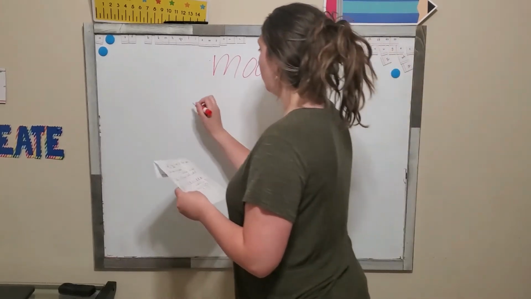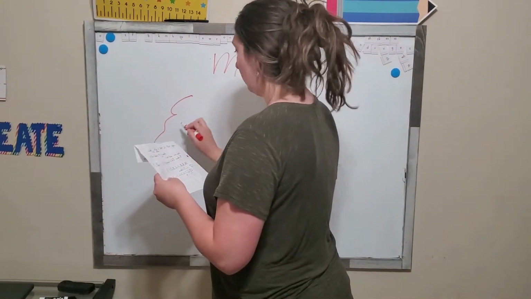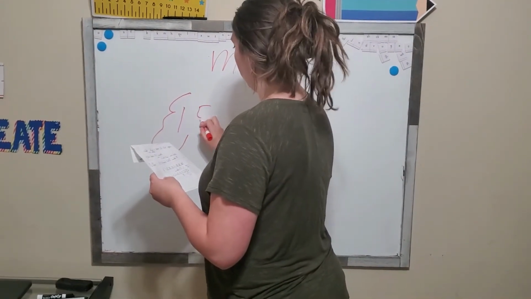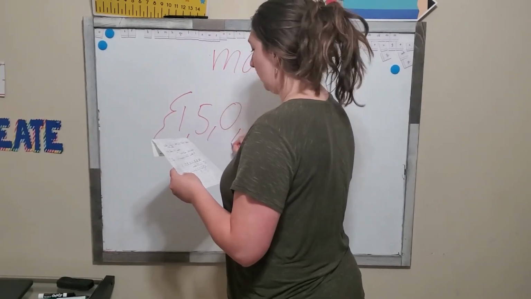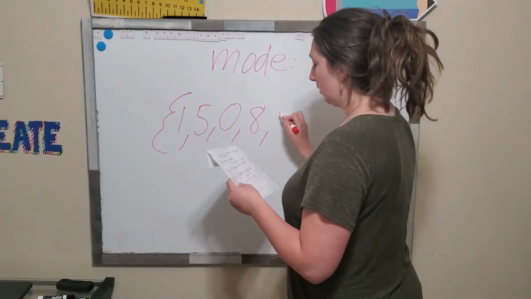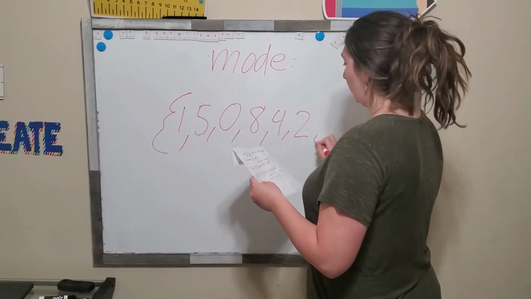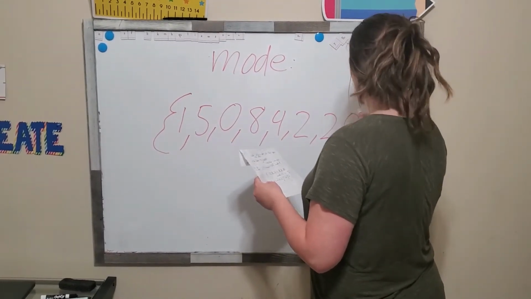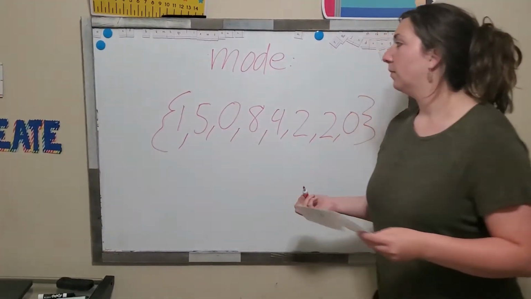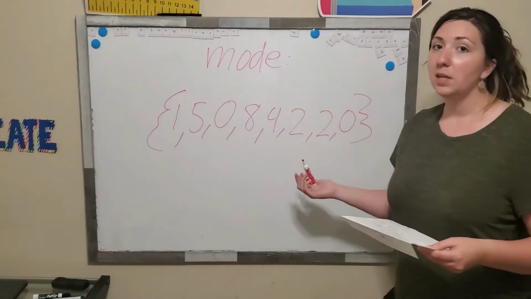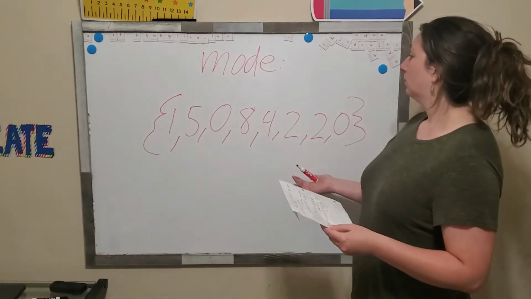Okay, let's do this. 1, 5, 0, 8, 4, 2, 2, 0. Okay, what numbers occur the most here in this data set?